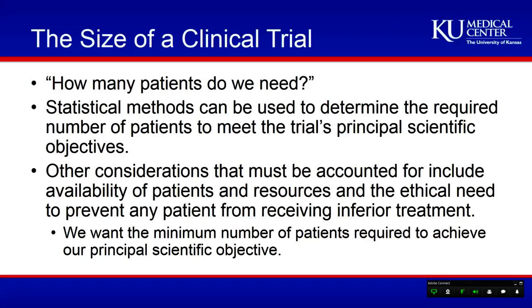Let's go ahead then and finish up with the size of a clinical trial. I have an example here that demonstrates a very simple example of how we determine how many patients we need in order to perform a study. The process underlying sizing a clinical trial has to do with, again, experimental design.